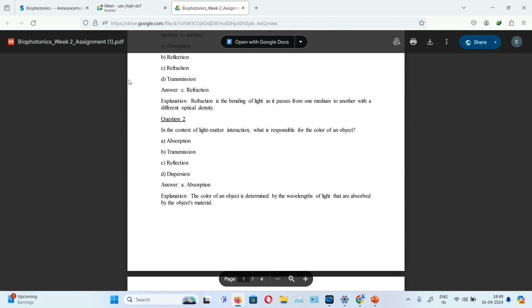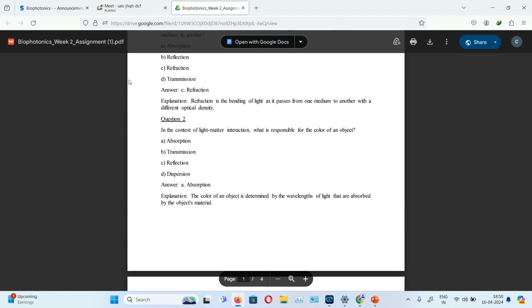In the case of reflection, we are only considering the reflected light. So light is incident at one plane and getting reflected from there itself. Only the direction of propagation is changing. So that is the reflection phenomenon.